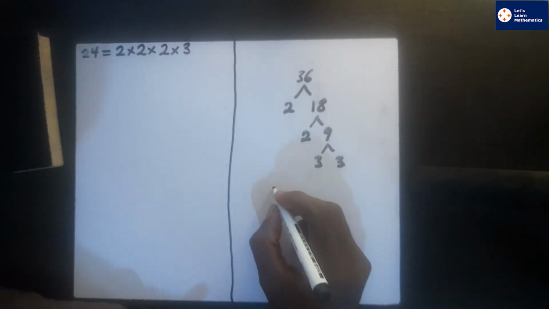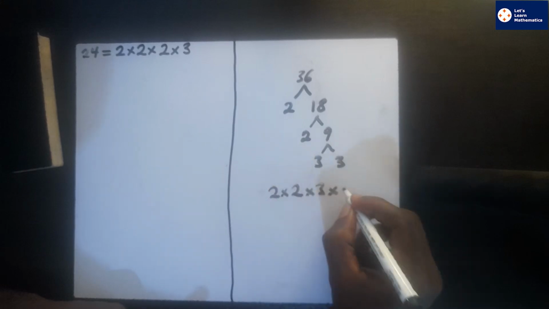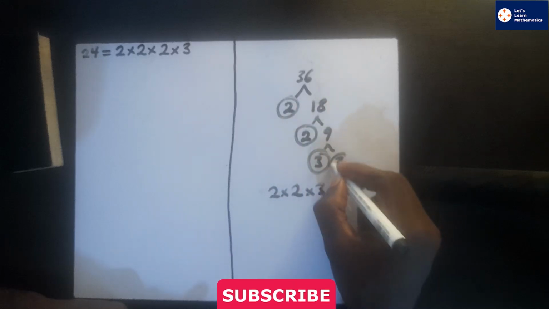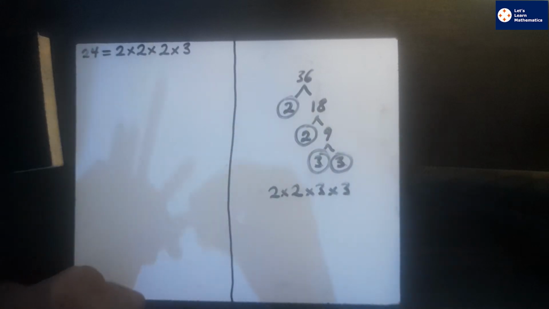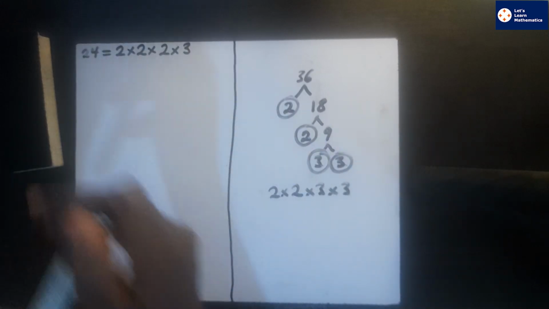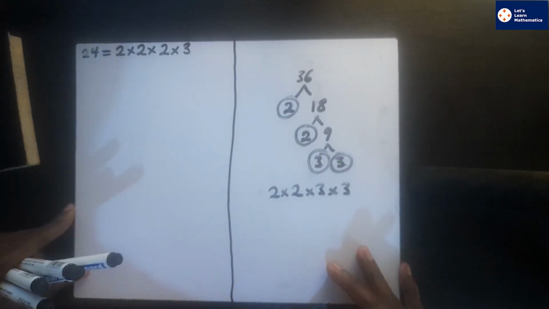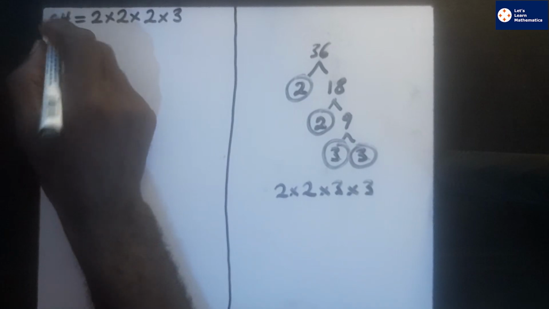So it means 36 can be written as 2 times 2 times 3 times 3. Alright, so let's write 36 as well. So we have our 36.